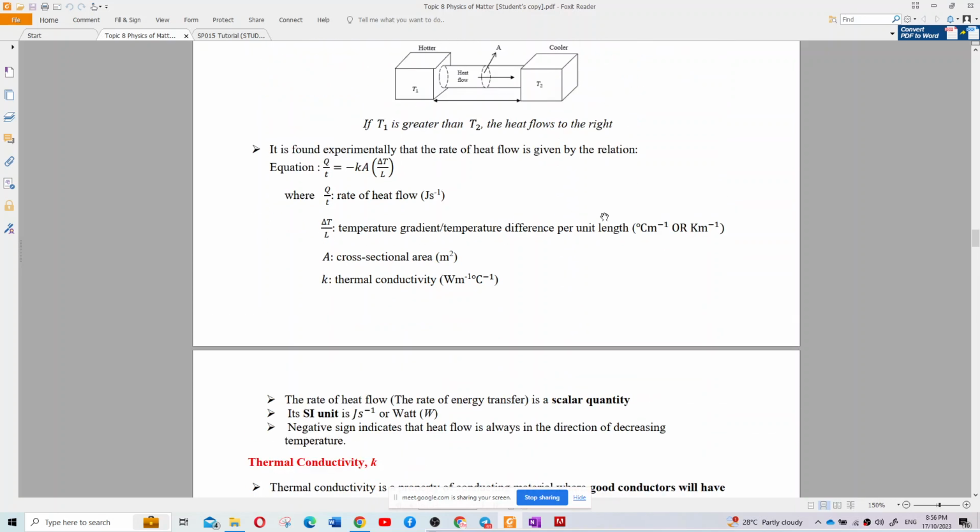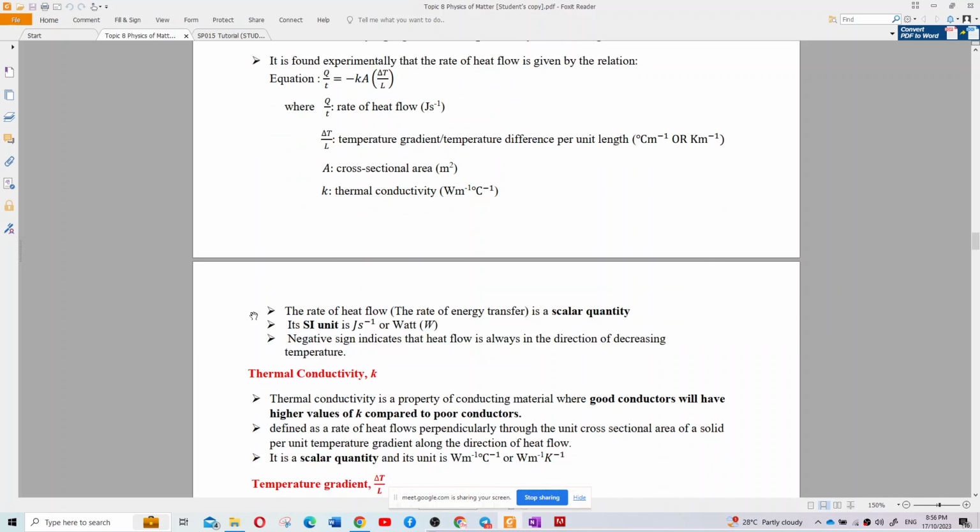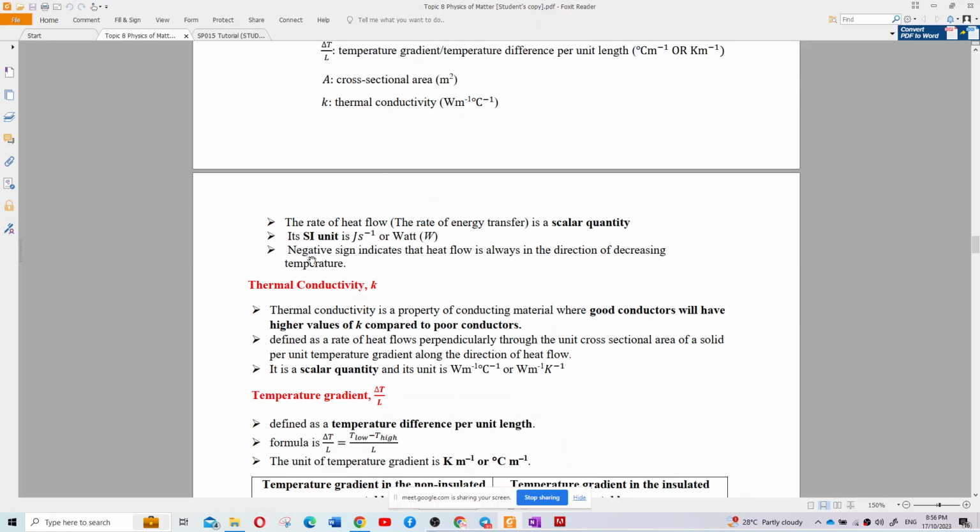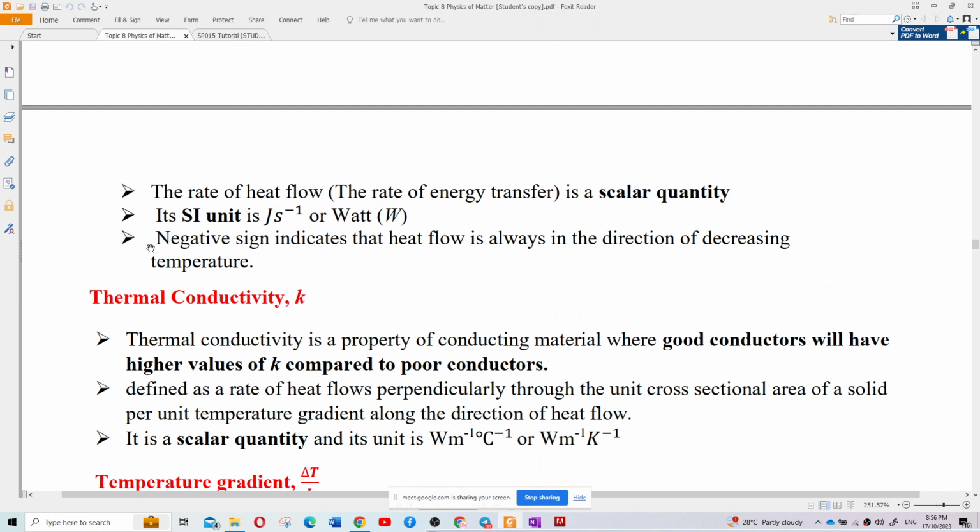I see the temperature gradient is degrees Celsius per meter or Kelvin per meter, right? I said already, the change of temperature can be in either degrees Celsius or Kelvin. The rate of heat flow is joule per second or watt. See this one? The negative sign indicates that heat flow is always in the direction of decreasing temperature. You understand? If you don't understand, read it a second time.